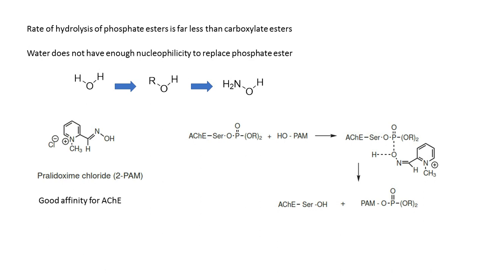It has high affinity for the acetylcholinesterase enzyme and a strongly nucleophilic oxygen, and works best if given within a few hours, because here the phosphate should have both ORs; if it starts aging, OR will become OH, then the reactivity slows down. So it will work within a few hours.